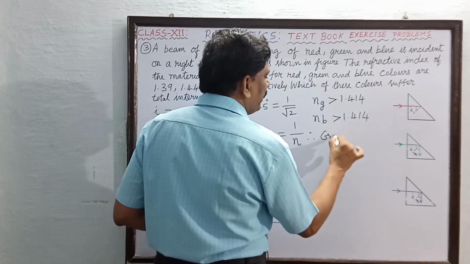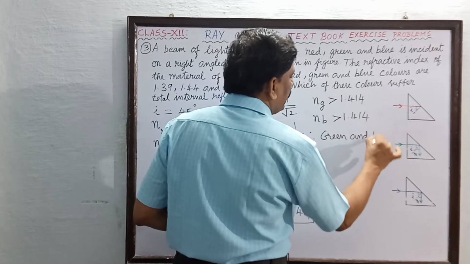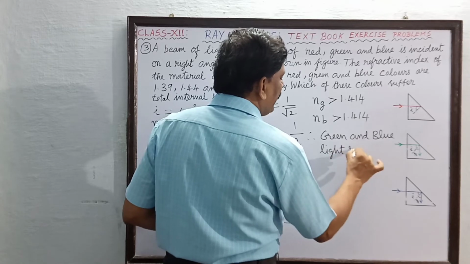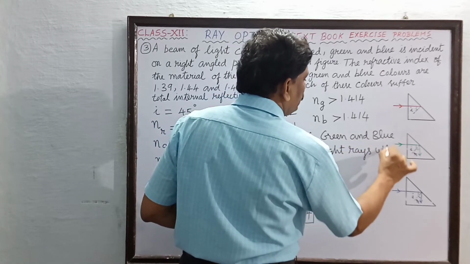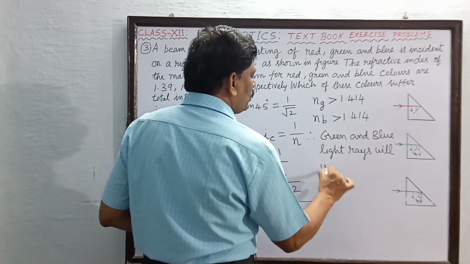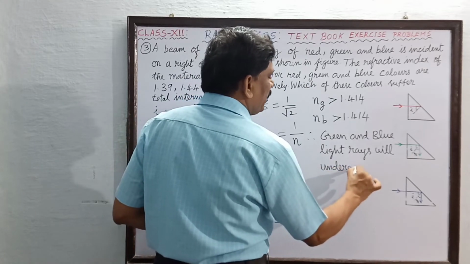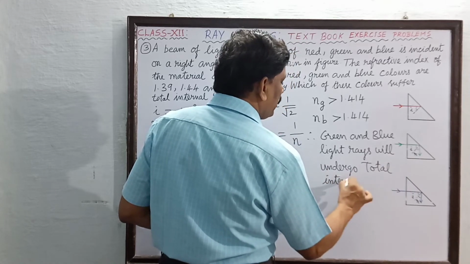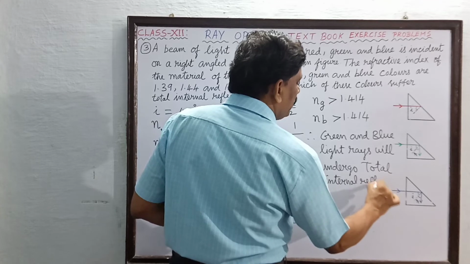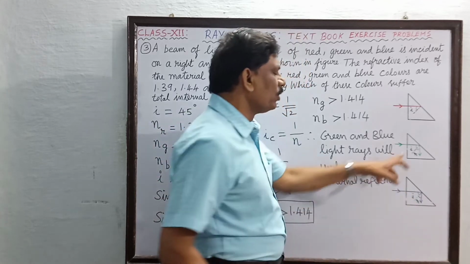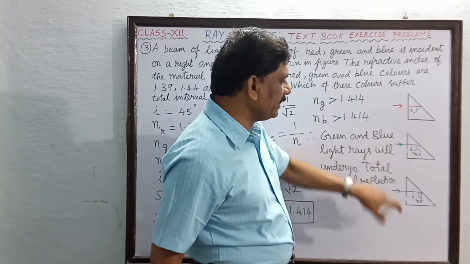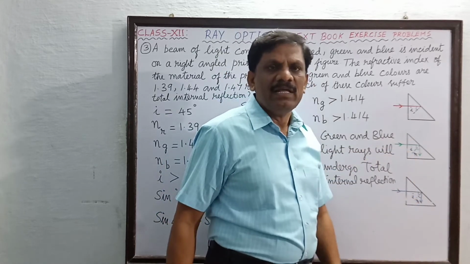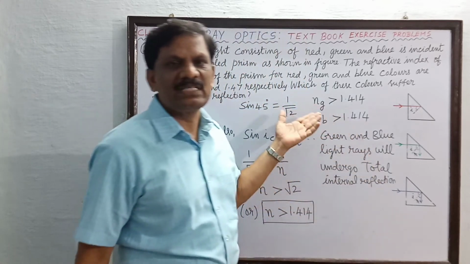Therefore green and blue light rays will undergo total internal reflection. In the picture also it is shown here: i is equal to r for green color, and for blue also i is equal to r, because they are undergoing total internal reflection. Understand, students? I hope you must have understood well. Fine.